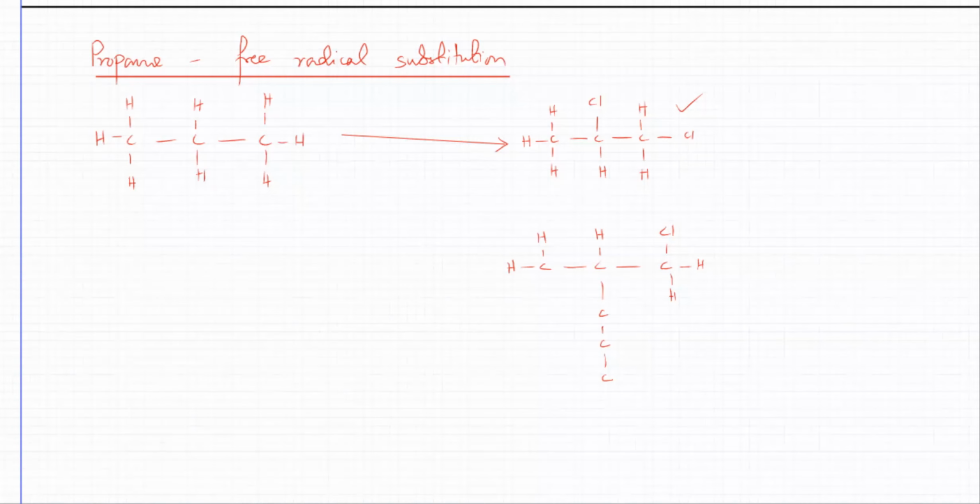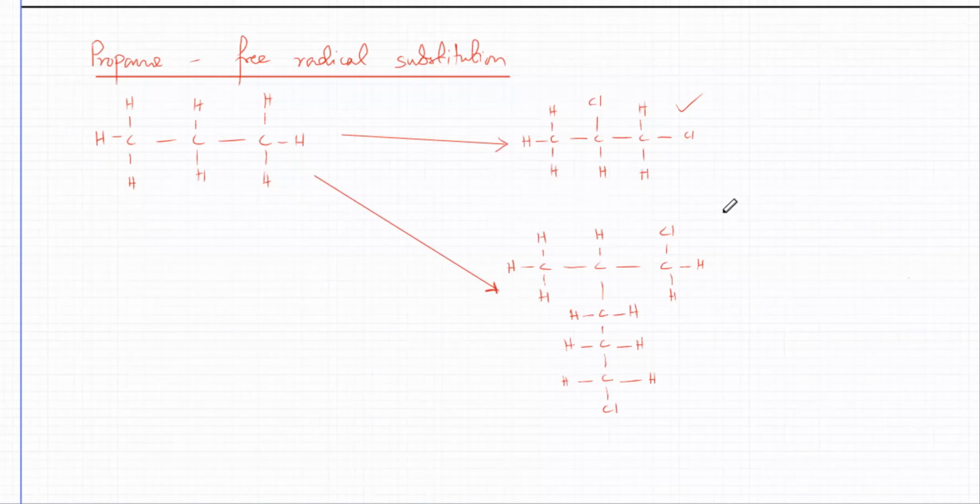Yeah. Now, the next one is this molecule. And the question states, is that a possible substitution product when you try to do free radical substitution for this molecule over here? So is that a possible free radical substitution product?